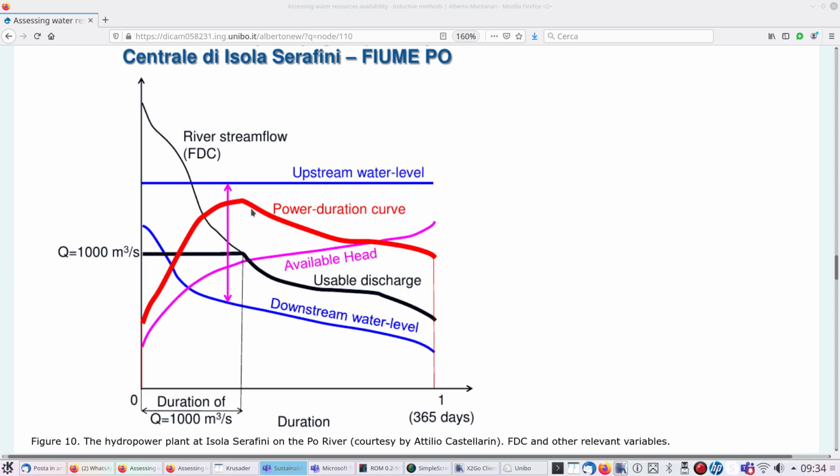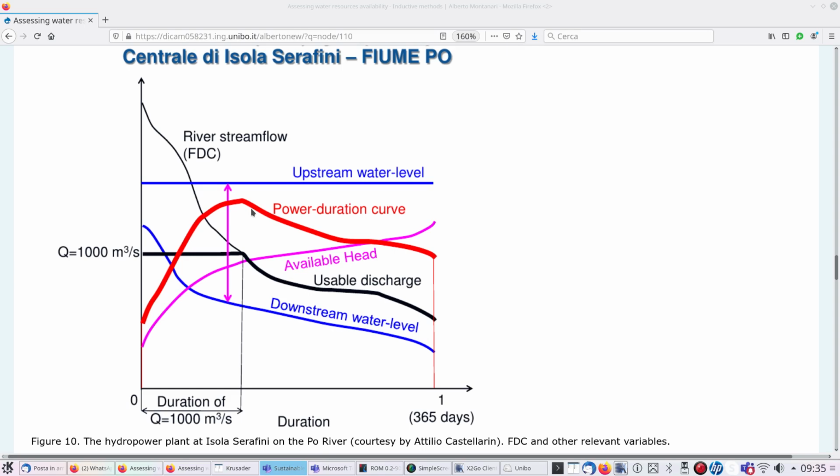But on the other hand, you see that you get a higher head. So let's suppose that the head increases a lot at that point. To compensate for the decrease in flow, you may still get an increase of the power duration curve, because if the flow in the flow duration curve decreases slightly and the head increases a lot, you get a compensation.